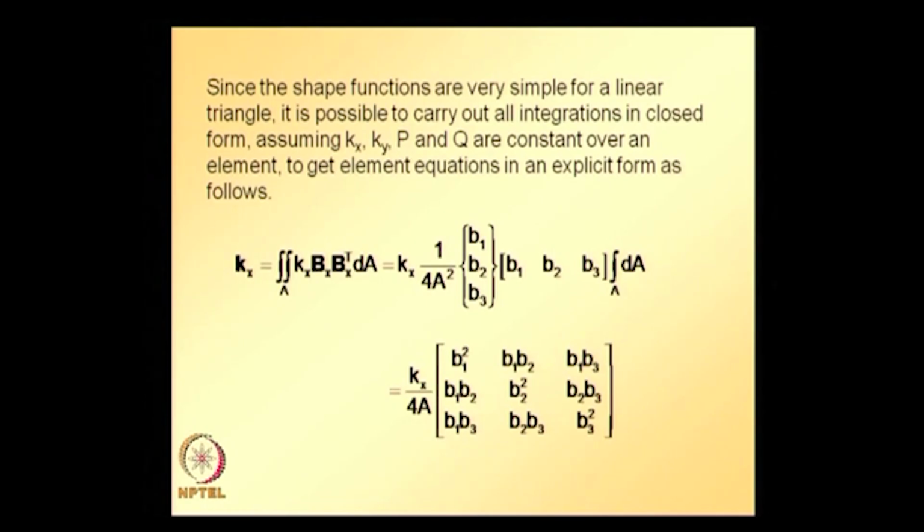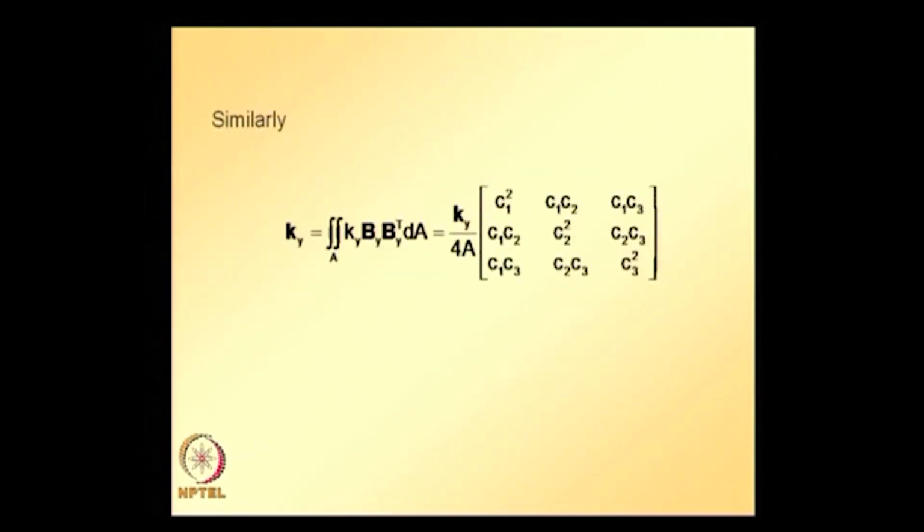Similarly, we can write an explicit expression for matrix ky, except that we need to substitute by here, which is a vector consisting of derivatives of shape functions with respect to y, namely c1, c2, c3, where c1, c2, c3 are functions of spatial coordinates of the nodes.